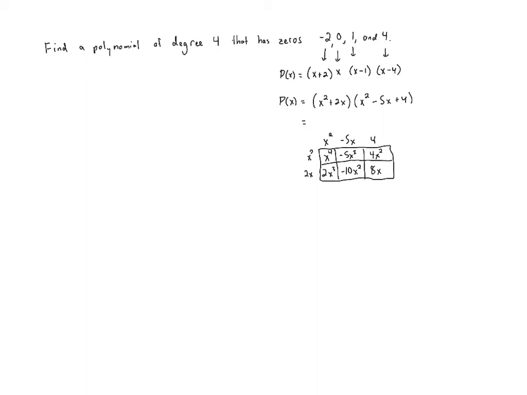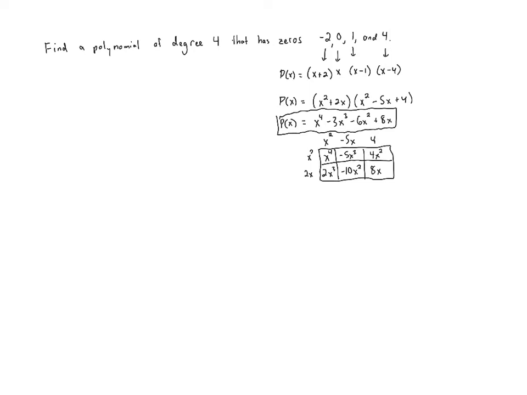And when we combine the like terms, this gives us x to the 4th minus 3x cubed minus 6x squared plus 8x. So we can go the opposite way. Instead of starting with a polynomial and looking for the individual zeros, we can start with the zeros and work our way in the other direction to get a polynomial.